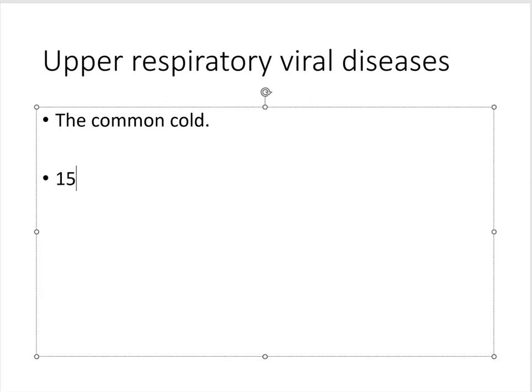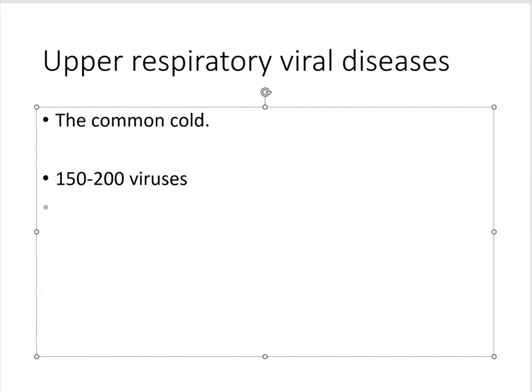There are 150 to 200 viruses that cause the common cold, and it would be possible to make a vaccine against many of them, but not all of them. So there's just no way to prevent this.